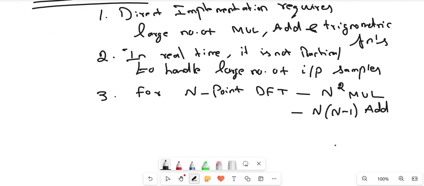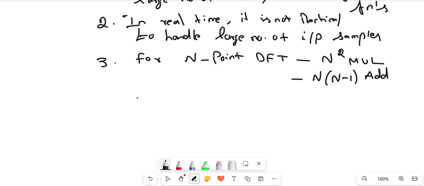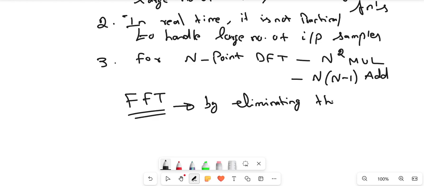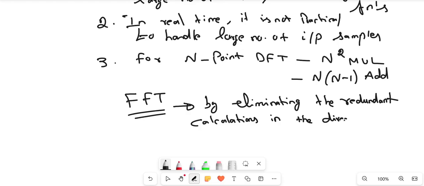So to reduce the time required to compute the DFT, the FFT was developed by eliminating the redundant calculations in the direct implementation of DFT.